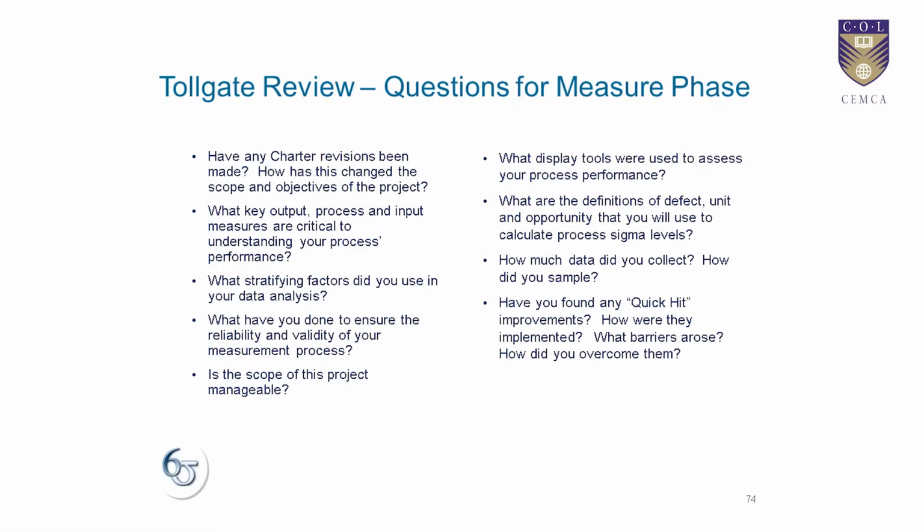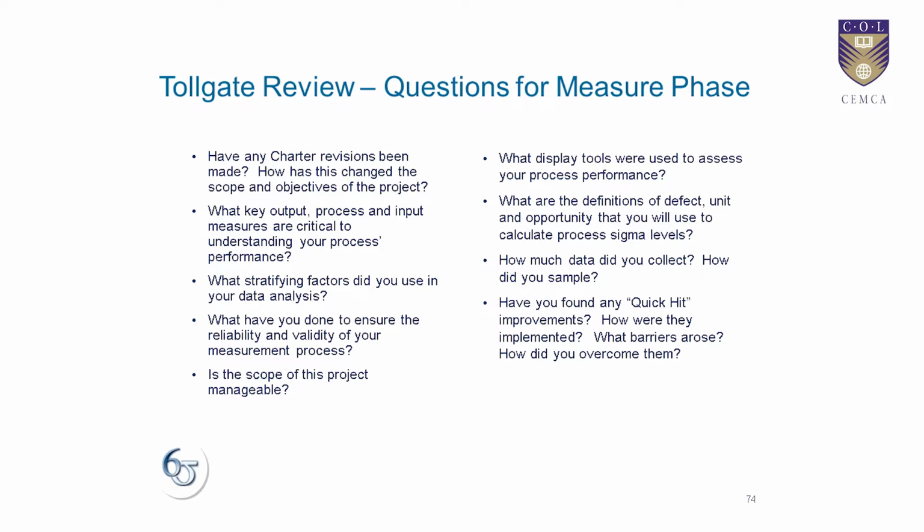Then the problem statement that we had written may change, and the problem can become either more severe or less severe than we had anticipated. In that case, our goal also changes, and the business case also changes. So we are talking about these charter revisions, and that is a key thing we need to write. That's the first question asked. If you observed anything, it is advisable that you make those changes in the project charter, as that will be the first question in a Measure phase Tollgate review.